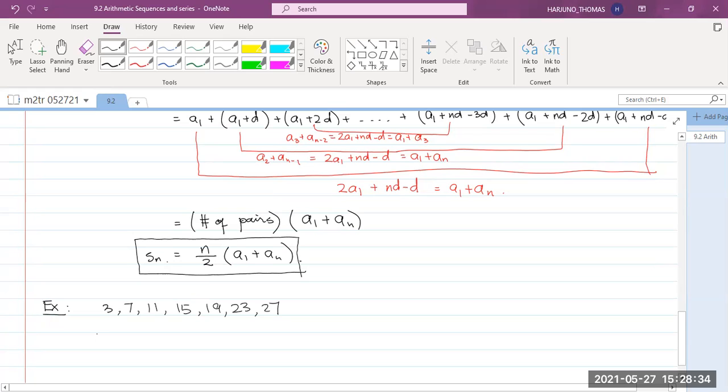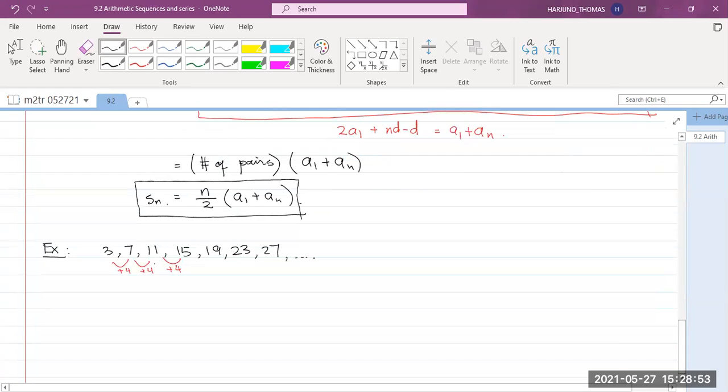Now, this is arithmetic, right? You see that we keep on adding 4. Okay, that's arithmetic. Now then, what is the sum? So there are 7 terms here, right? The sum of these first 7 terms is 7 divided by 2, because there are 1, 2, 3.5 pairs.